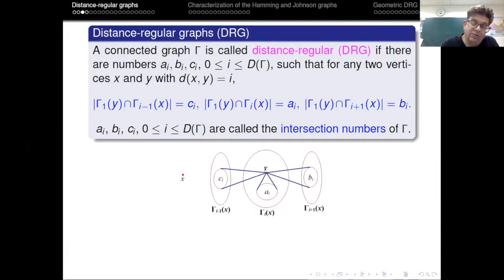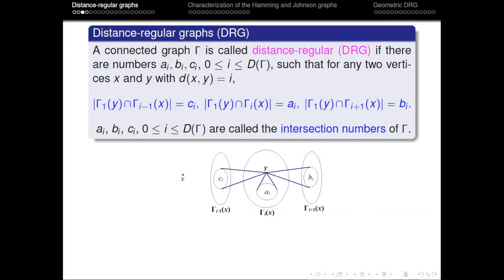And of course b_D is 0 and c_0 is 0. Note also that c_1 is always 1.